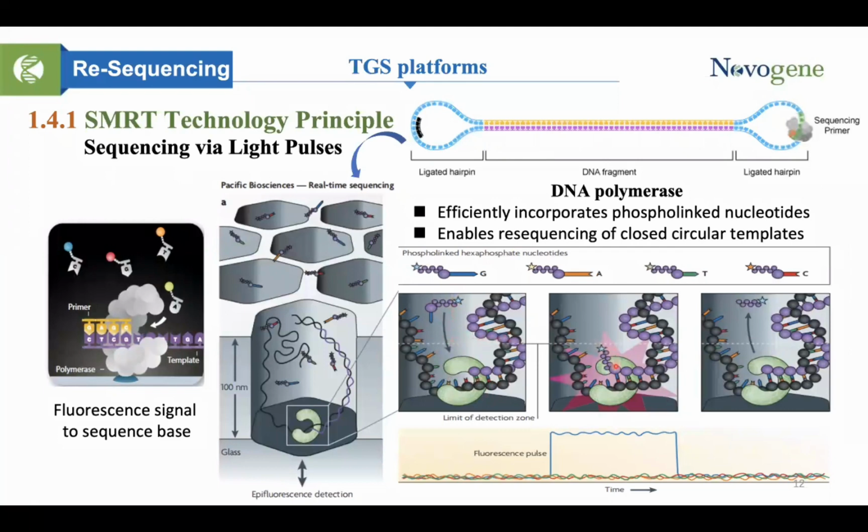A light pulse is produced to identify the base, and the fluorescence output of a color corresponding to the incorporated base is evaluated. With translocation to the next position, the next nucleotide associated with the template initiates the next cycle.